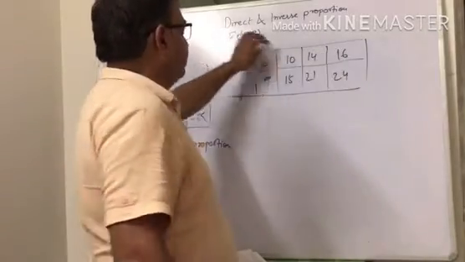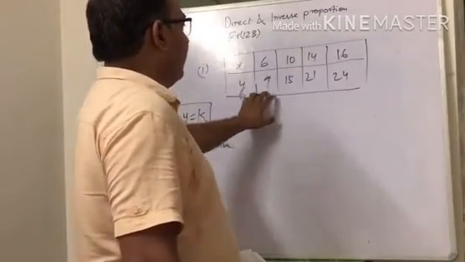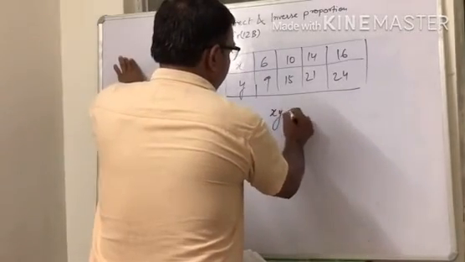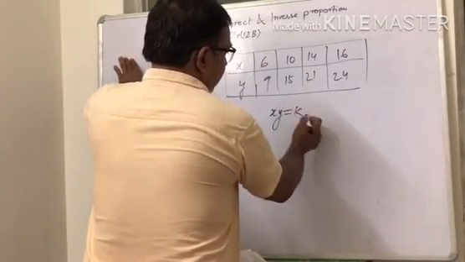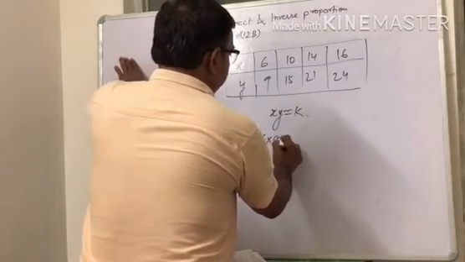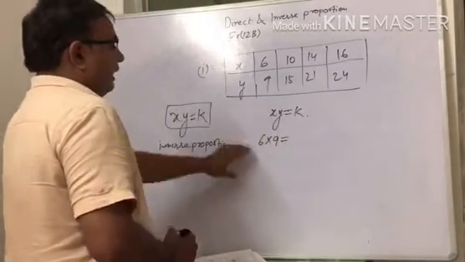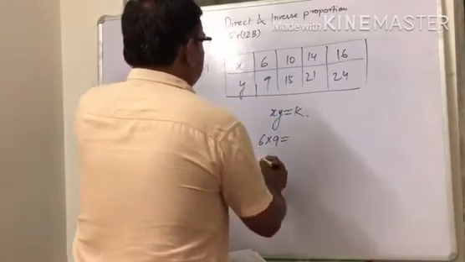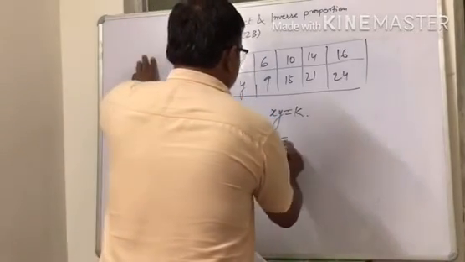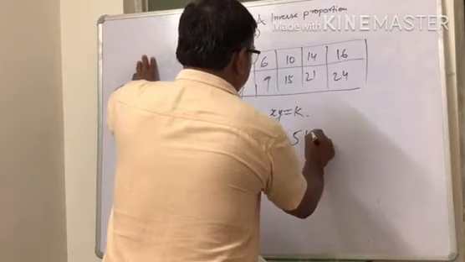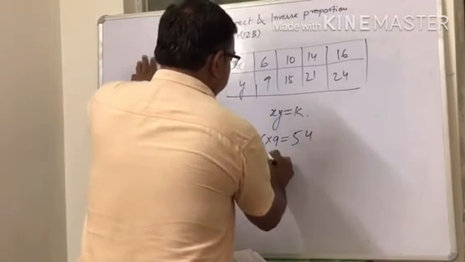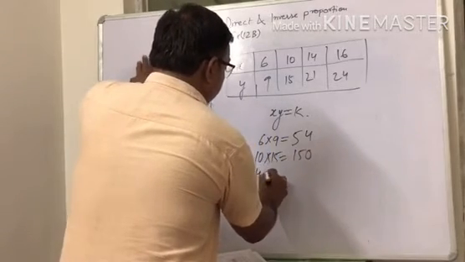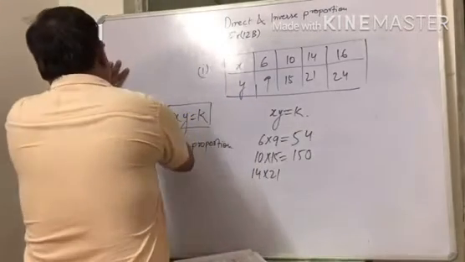This is the x term: 6, 10, 14, 16, and y: 9, 15, 21, 24. So we can check whether xy is equal to k or not. 6 times 9 is 54. 10 times 15 is equal to 150. 14 times 21, you can calculate.